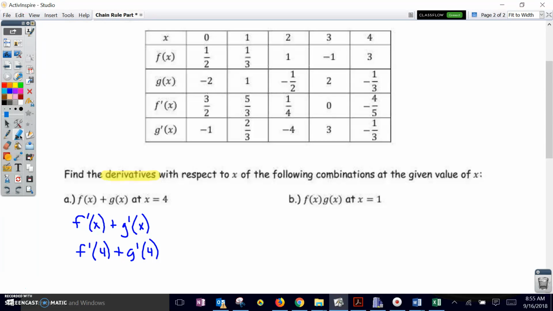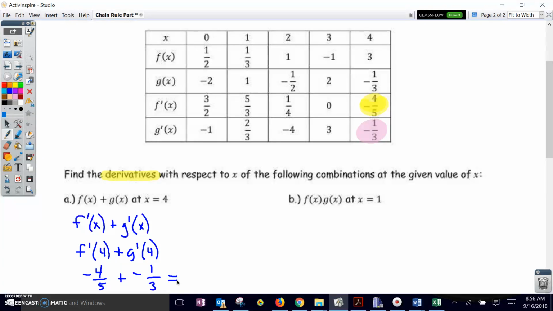F prime of 4 is right here, negative 4/5. And g prime of 4 is right here, negative 1/3. And so I'm going to add those two together.